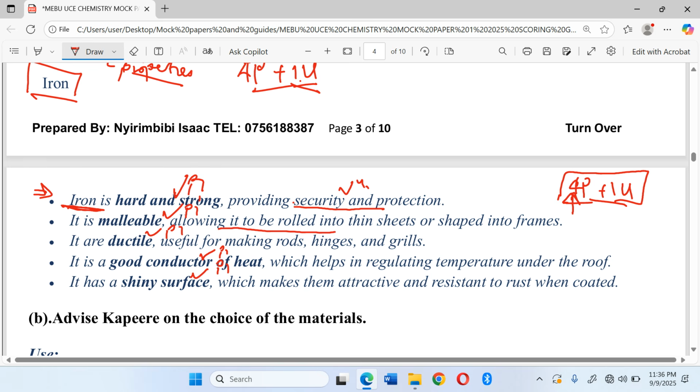So you find that even here you're giving all these properties and you repeat yourself. But now we are just saying advise Capelli on the choice. We have already seen the properties. The properties are here. But now they want you to advise him on a good choice. So in this case, we can identify one use.